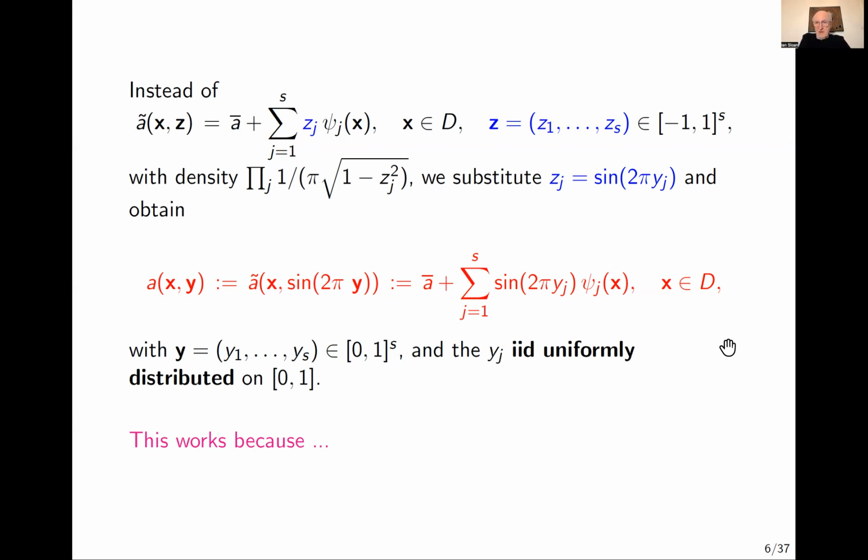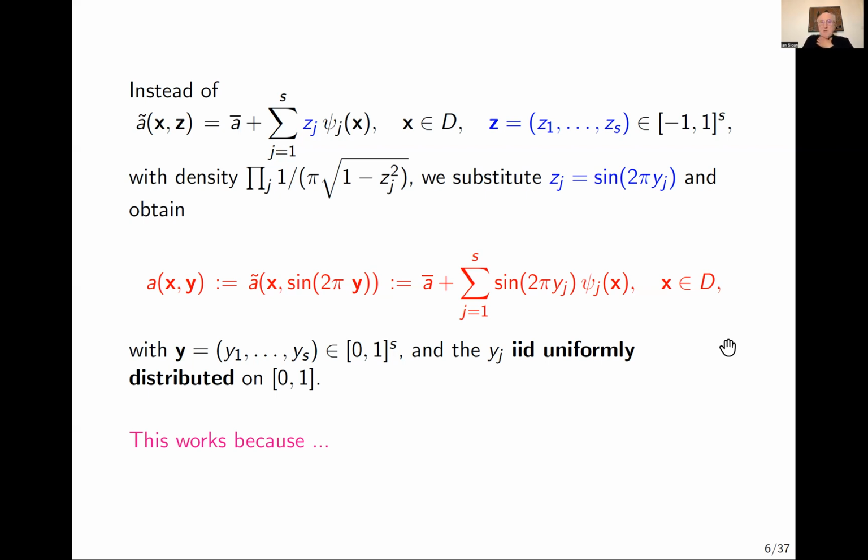And so it now looks a little different, because now we have a bar plus the sum of sin(2π y_j) ψ_j, and each component y_j is now independent, identically, uniformly distributed on 0, 1.